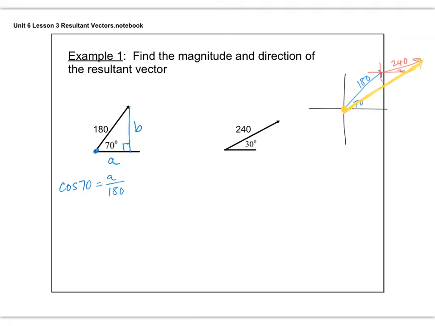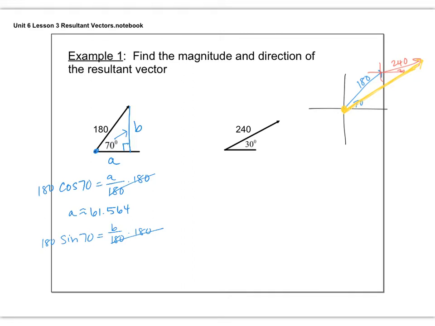I'm going to be able to solve this for A. So I'm going to multiply by 180. These cancel out. I'm going to type that in my calculator, and A is approximately 61.564. Now I'm going to do the same thing for B. For B, it's going to be opposite and hypotenuse. So I'm going to do sine 70 equals B over 180. Multiply both sides by 180 and type this into my calculator.